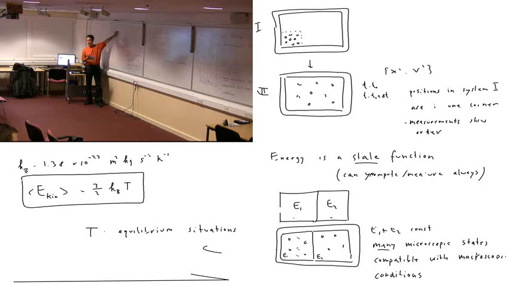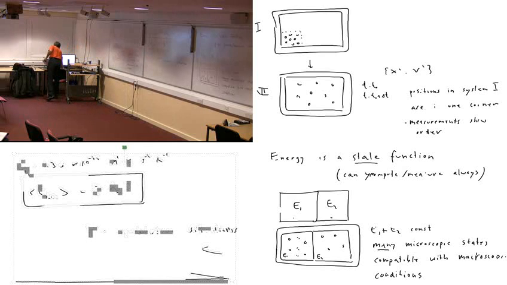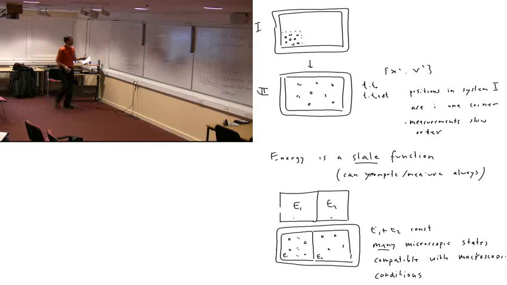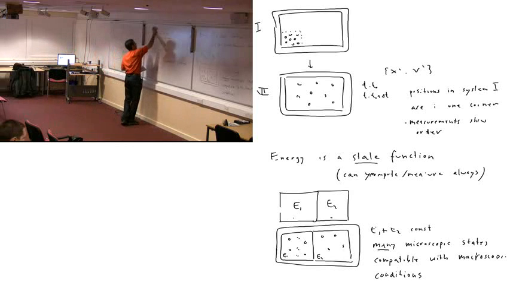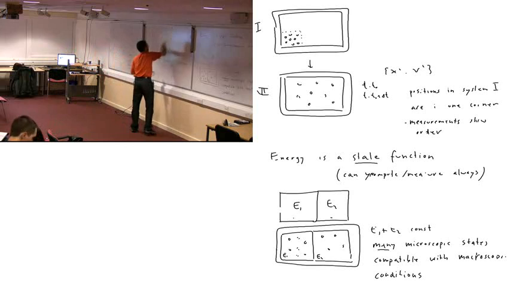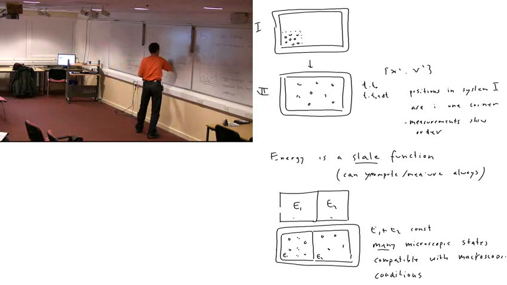Whereas in this case, you know something about the positions. They're all restricted to the smaller subvolume. So this system 2 is, as we call it, a system which has a larger disorder.